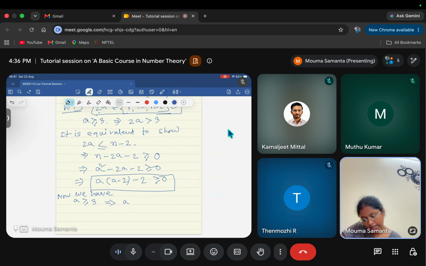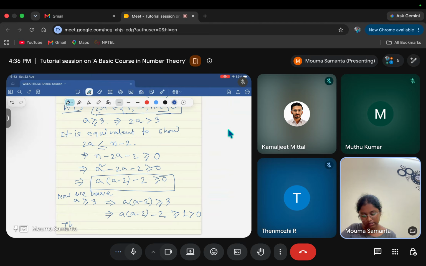We can check a times (a minus 2): since a is greater than or equal to 3, this term will also be greater than or equal to 3, and this will imply a into (a minus 2) minus 2 is greater than or equal to 1, that means this is greater than 0.